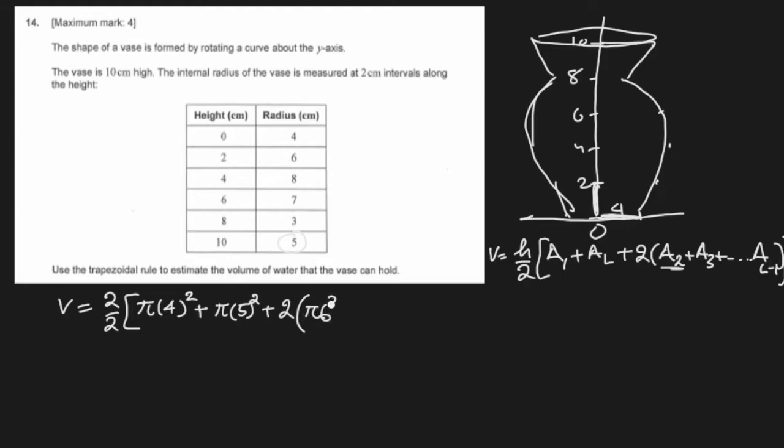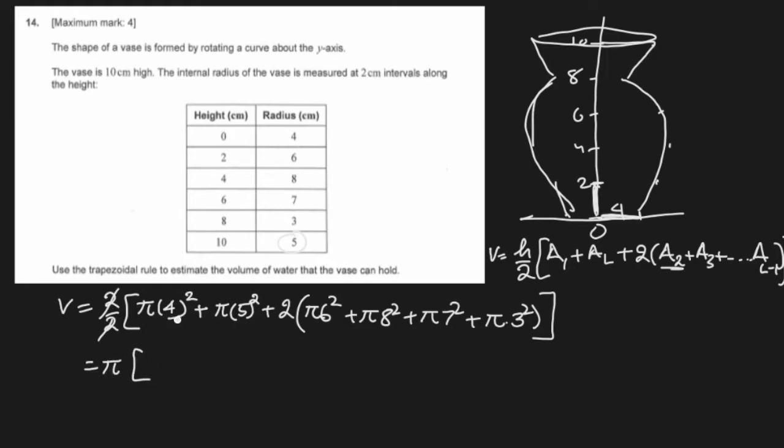So pi 6 square plus pi 8 square plus pi 7 square plus pi 3 square, and close it. Because first and last, 4 and 5, have been used, we don't put them. All of them have pi, so we can take pi out. 2 and 2 cancel, keep pi out.